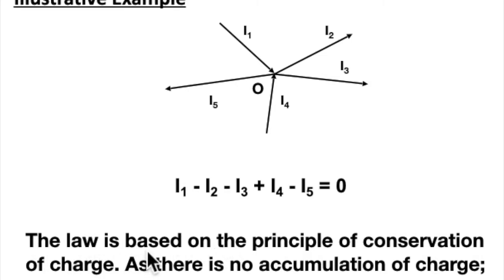This law, Kirchhoff's current law, is based on the principle of conservation of electric charge. At this junction, we do not have any sink or source of charge. Therefore, according to the principle of conservation of charge, whatever charge comes in 1 second, that is the total current coming towards O in 1 second, will be equal to the total current leaving O in 1 second.